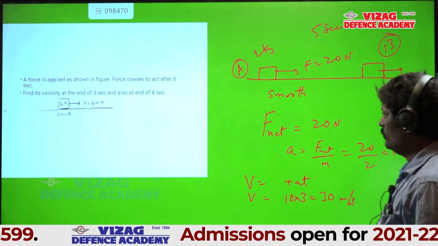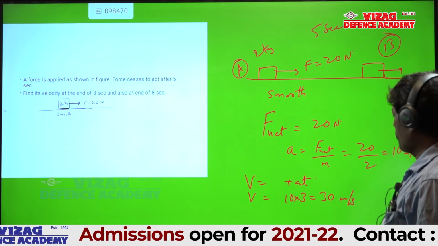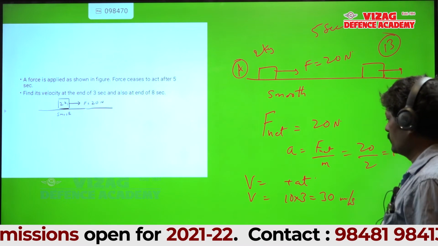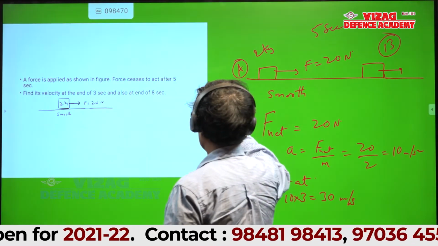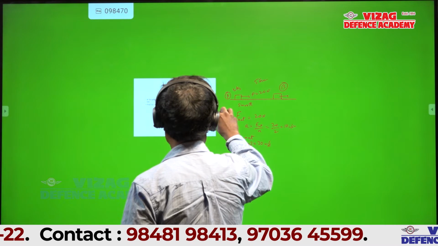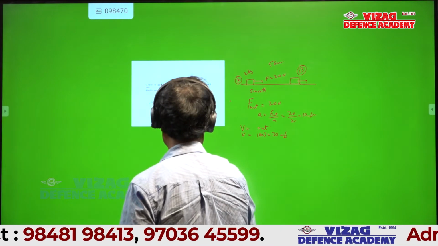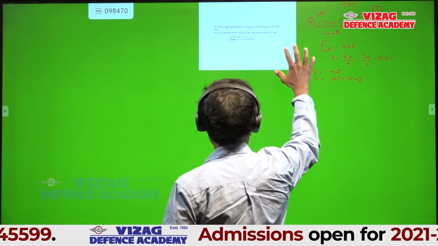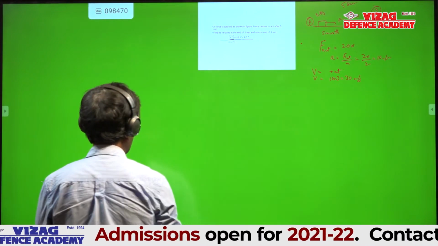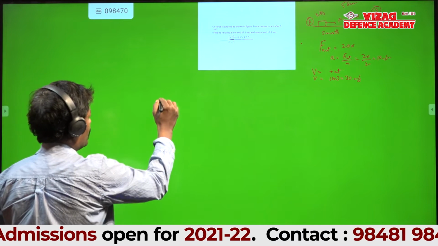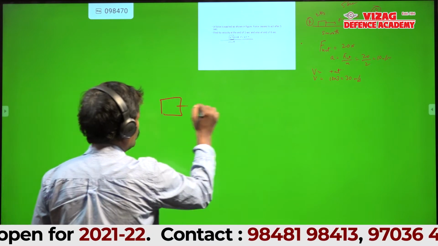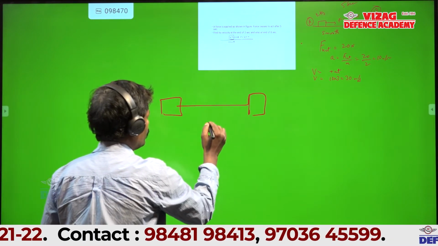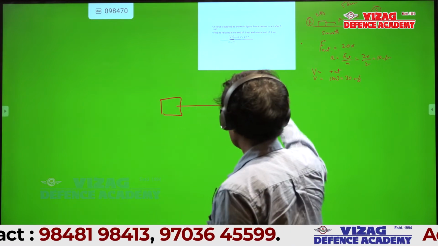Is this completed now? Yeah. Now listen. Now we want the velocity at the end of 8 seconds. Already I told you it is acting only for how much time? 5 seconds.